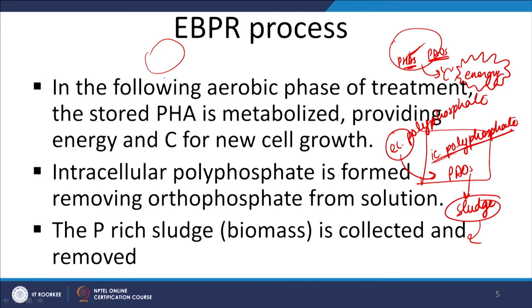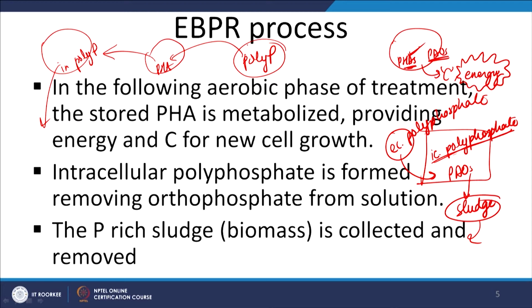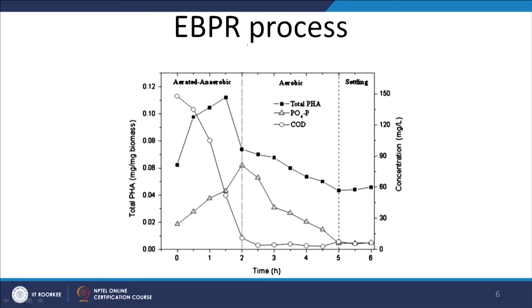So, if your cell is circular again and you have polyphosphate outside the cell, it is taken in, converted into PHAs, and then in the aerobic zone the microbes convert this into intracellular polyphosphate, and now you can remove the biomass, and thus you have removed the phosphate present in the wastewater. So, a typical ABPI process would look like this.